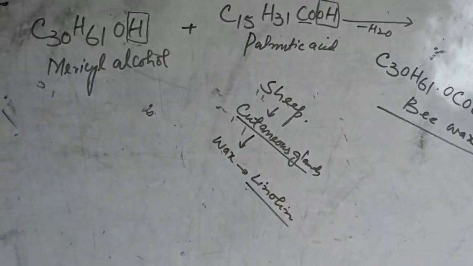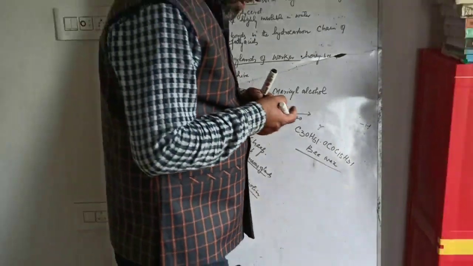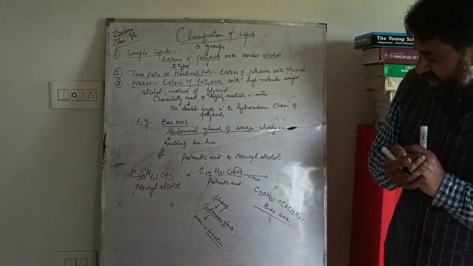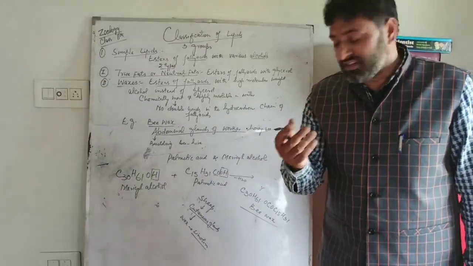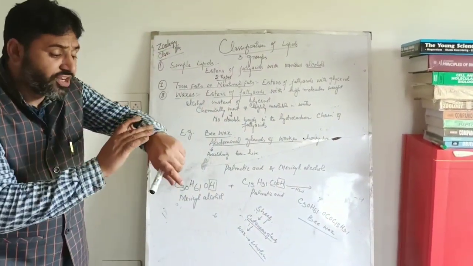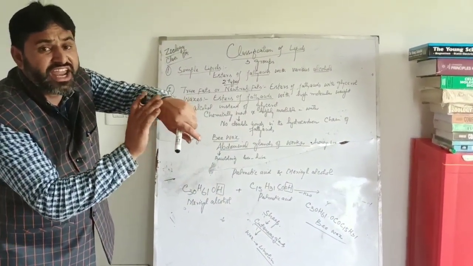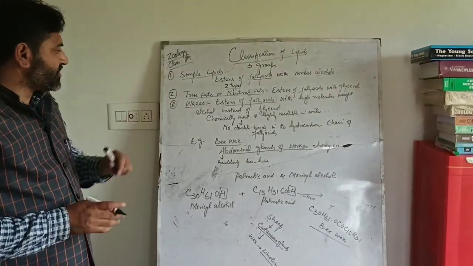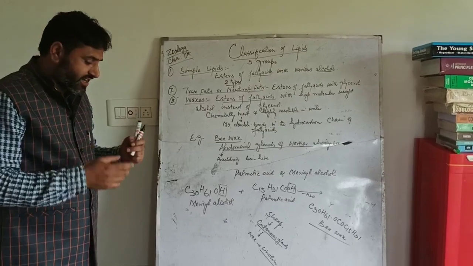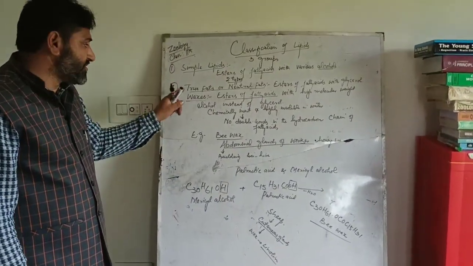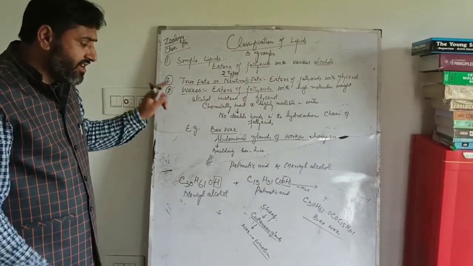This lanolin is a wax produced by the cutaneous glands of the sheep, and it forms a protective, water-resistant covering on the fur of the sheep. So this was the second type of simple lipids, that is waxes. So these were the simple lipids: one is neutral fats and second is waxes.